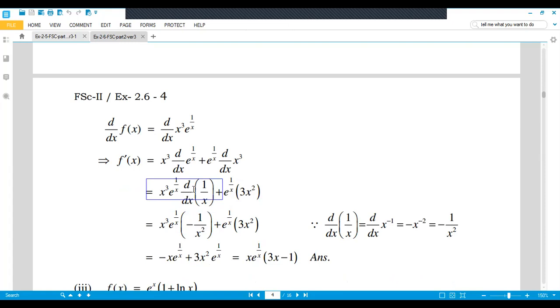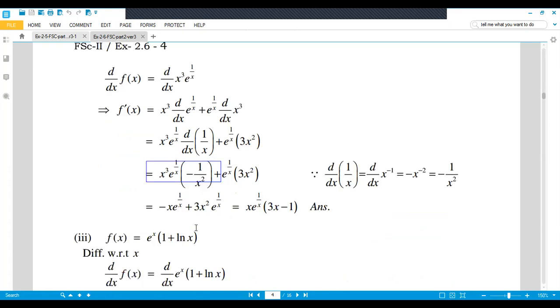Now the derivative of 1 over x: if you check it here, you take x in the numerator, it will be x to the power minus 1, so minus 1 comes in the coefficient, and from the power we subtract 1, so minus 2, it will be minus 1 over x square. So the derivative of 1 over x is minus 1 over x square.